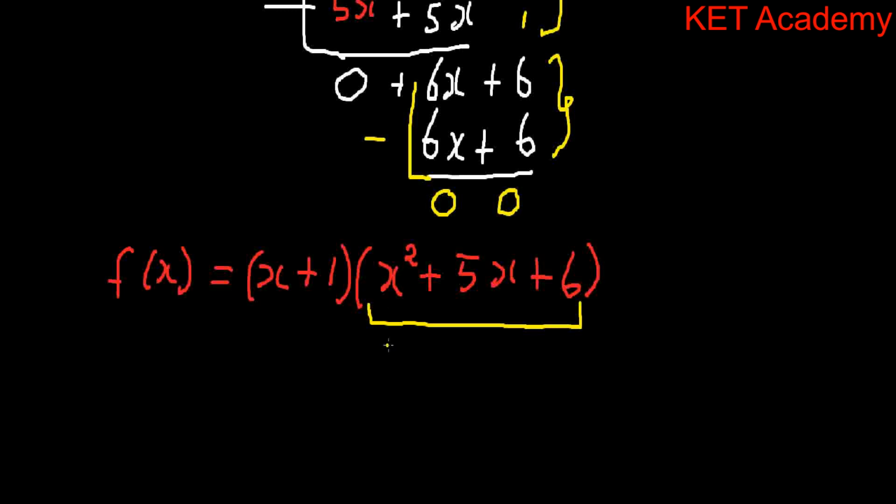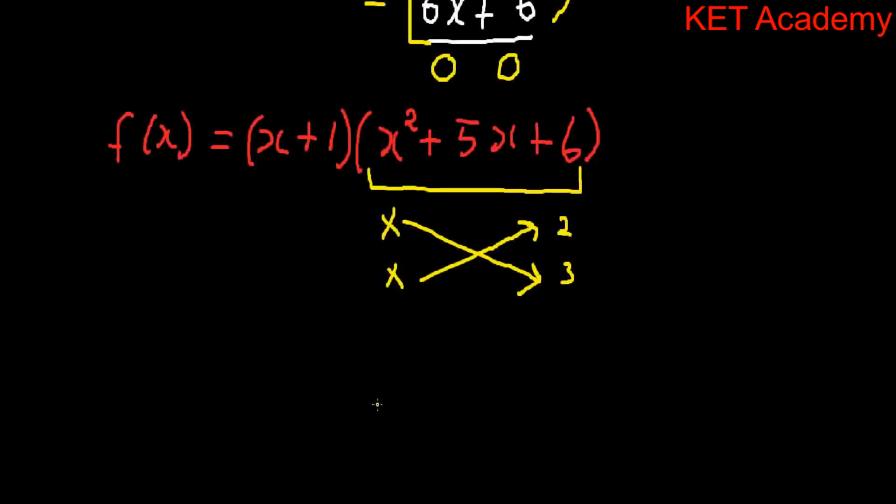Or simply, we know that x squared can be written as x times x, and 6 can be written as 2 times 3. So if we cross multiply, x times 3 is giving us 3x and x times 2 is giving us 2x. Adding the two is going to give us 5x, which is correct. Now x times x is x squared, and 2 times 3 is 6.